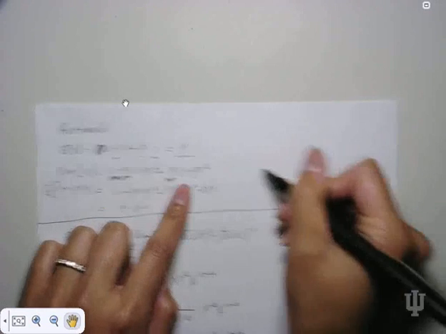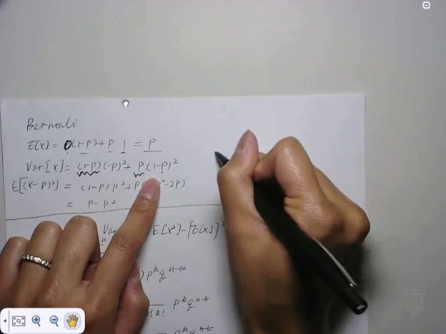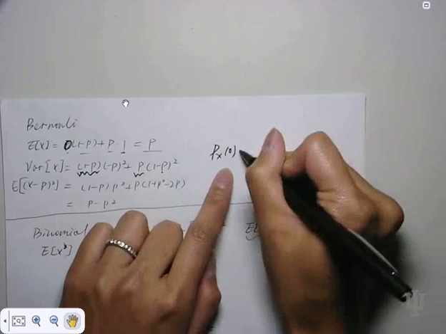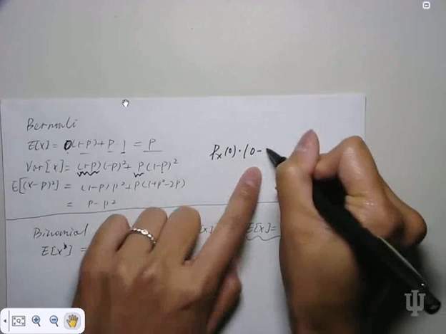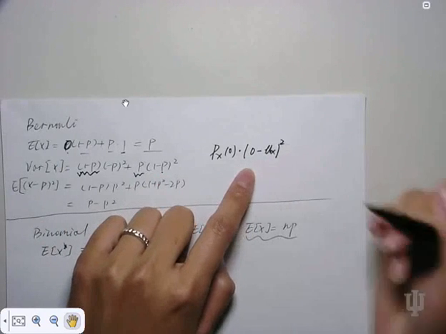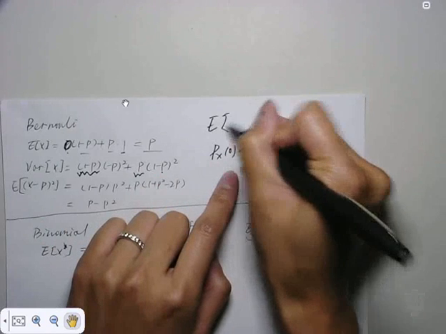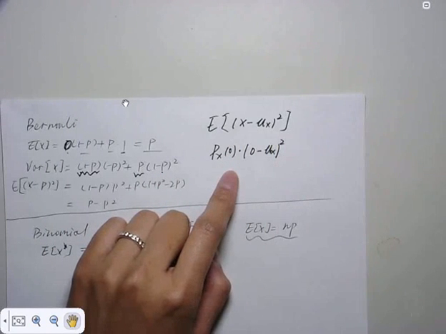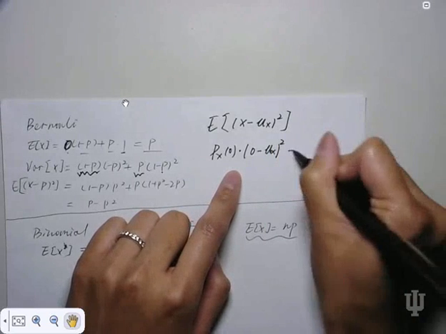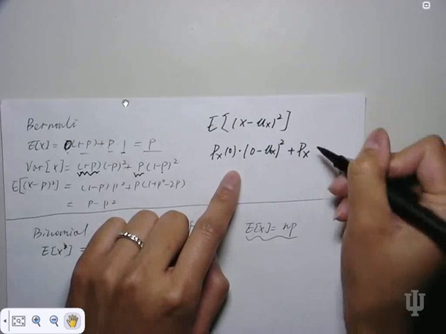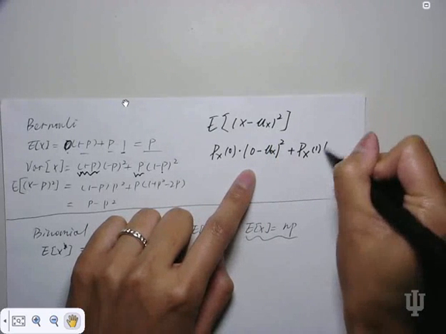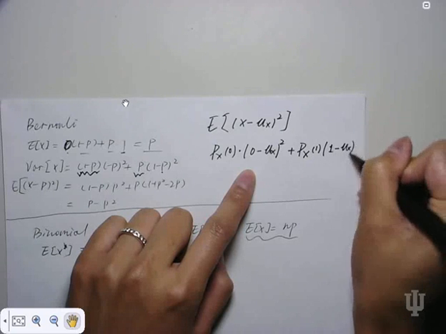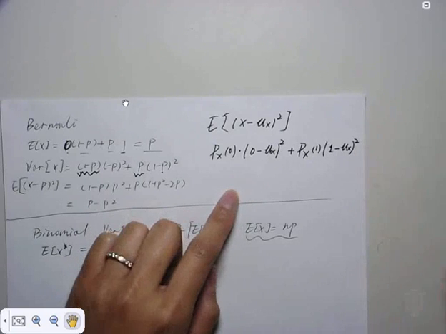This is the expected value, remember, so it's the probability of being 0 times 0 minus mu x squared. We are calculating the variance of x, right? Plus, because we have only two cases, the probability of being 1 times 1 minus mu x squared, right?